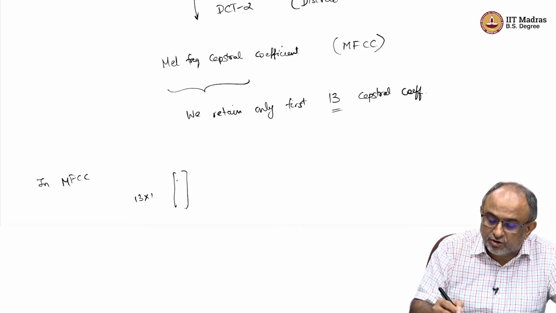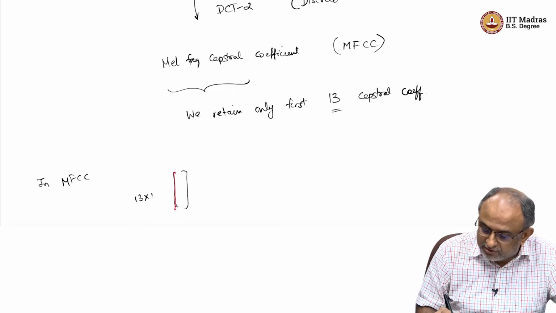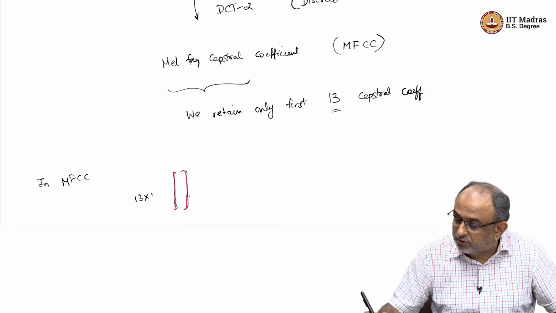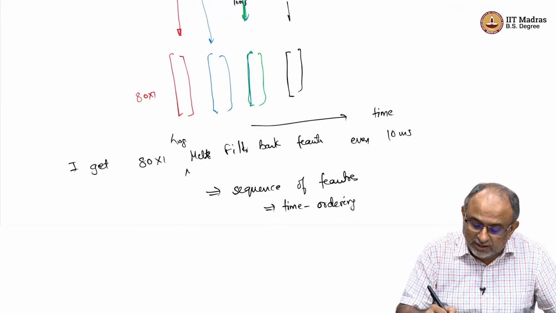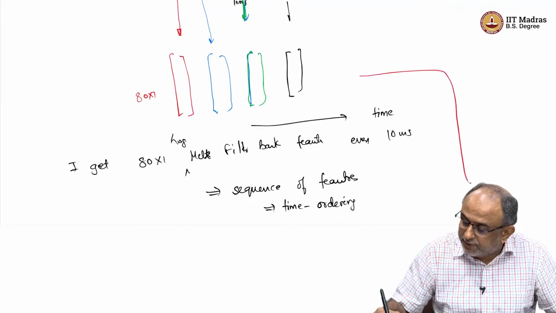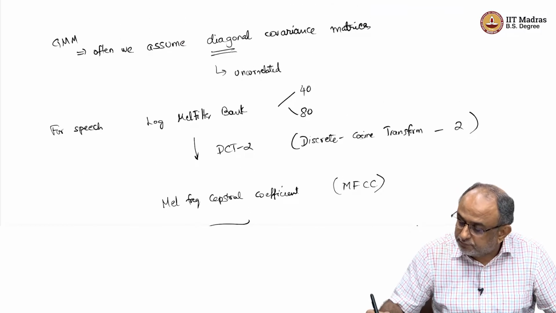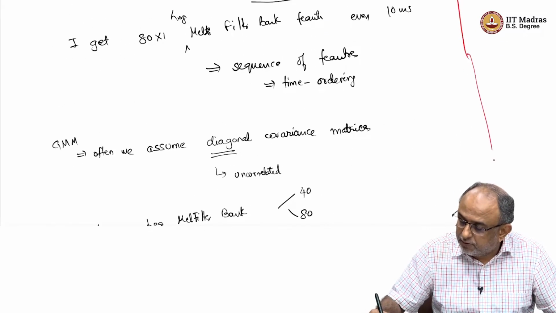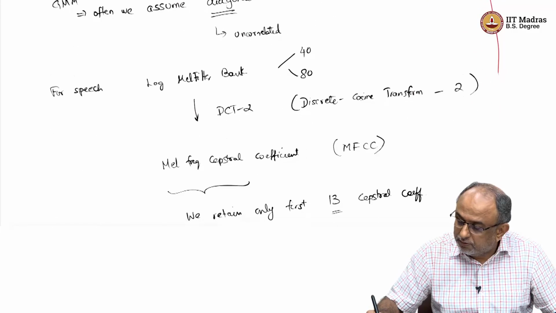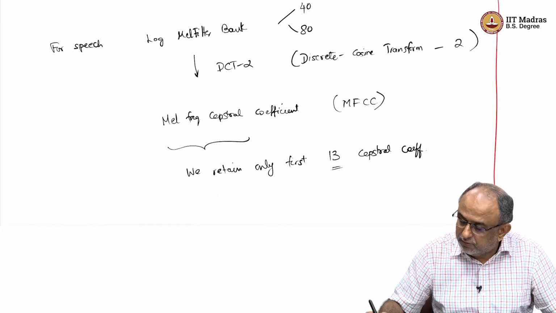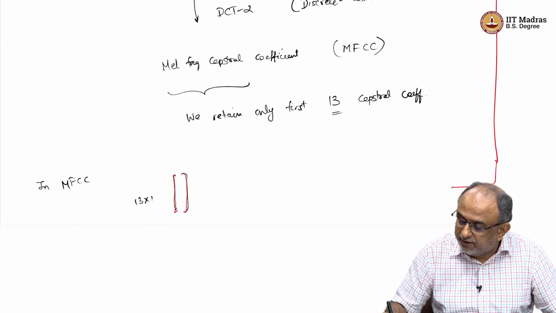Remember, we took these filter bank outputs and apply DCT2 here. That's the whole idea.